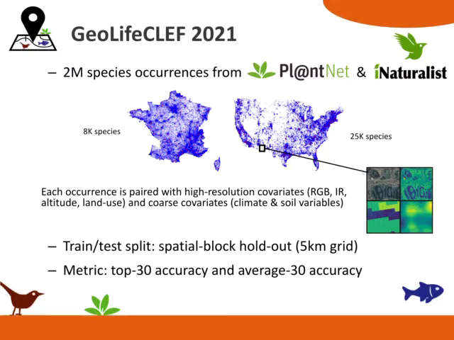The metric to evaluate the runs is the top 30 accuracy, and also the average 30 accuracy, which is a generalization of that, where we use a threshold on the probabilities so that on average there are 30 results per prediction.